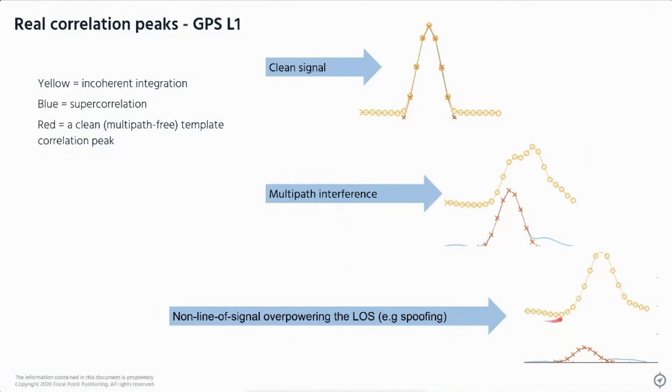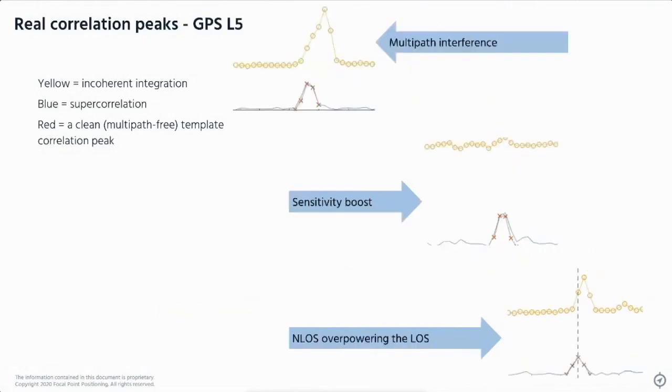In fact, it looks like it's a very good candidate for a line of sight based on how clean it is. But actually the supercorrelator has found below this noise floor an earlier clean correlation peak. And the line of sight signal is actually about 10 times down on the noise floor of normal GPS processing. They were some GPS L1 signals.